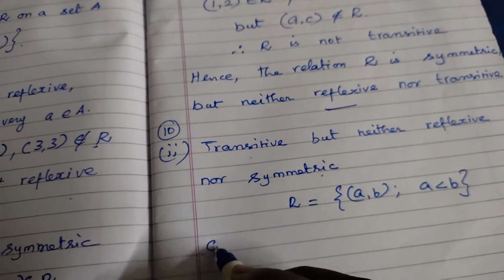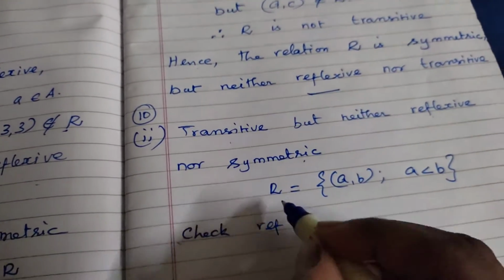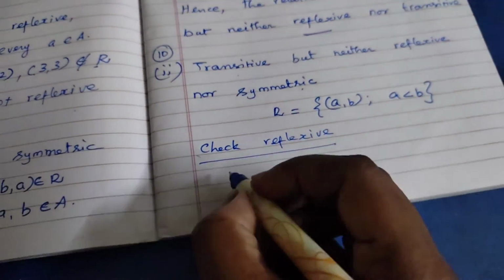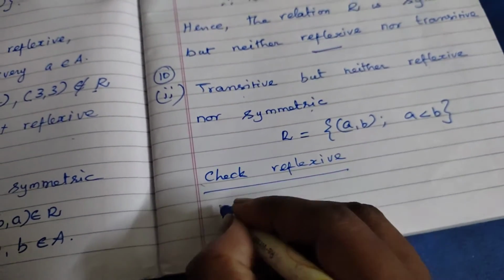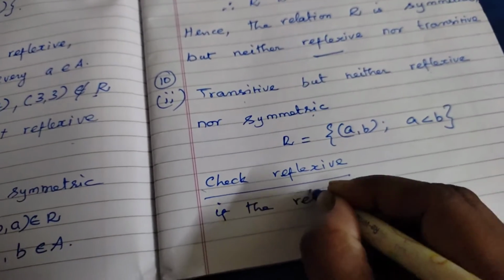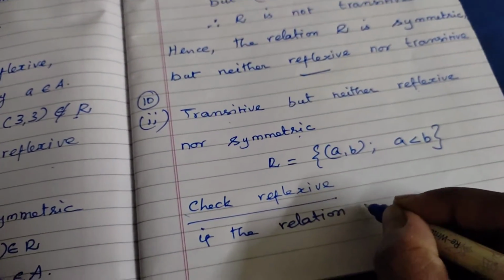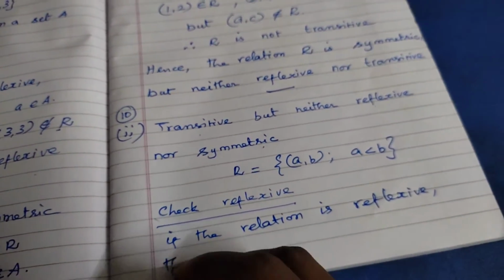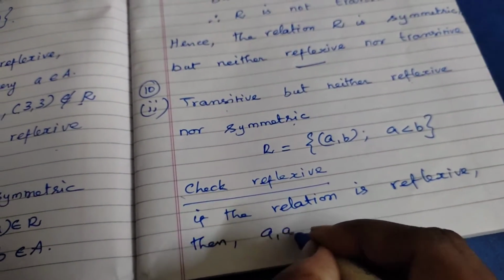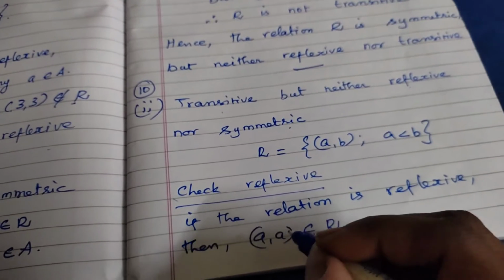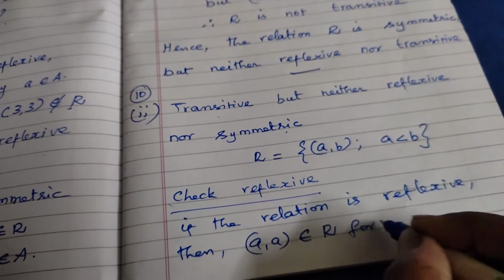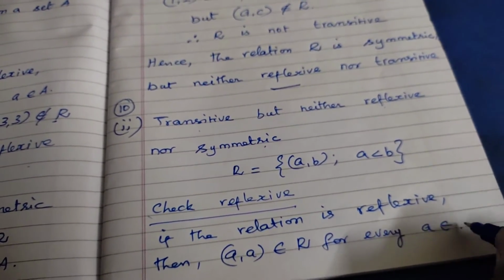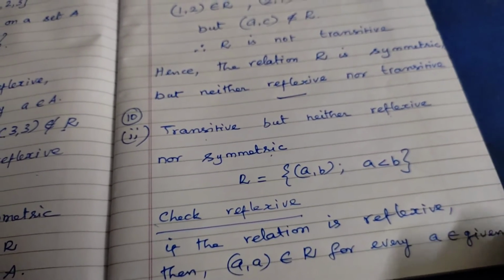We have to check first, check reflexive. We know the reflexive condition: if the relation is reflexive, then (a, a) belongs to R for every a belonging to the given set.